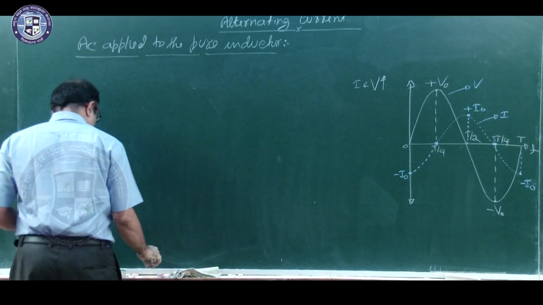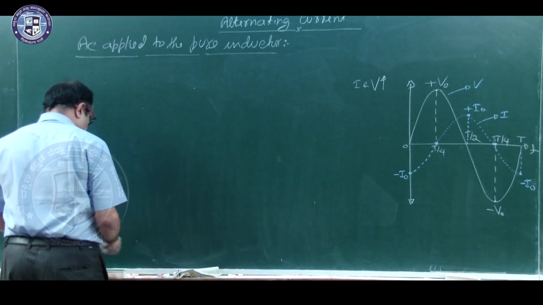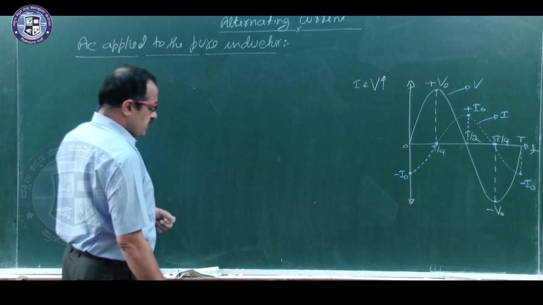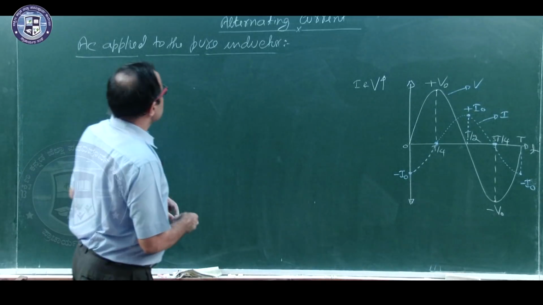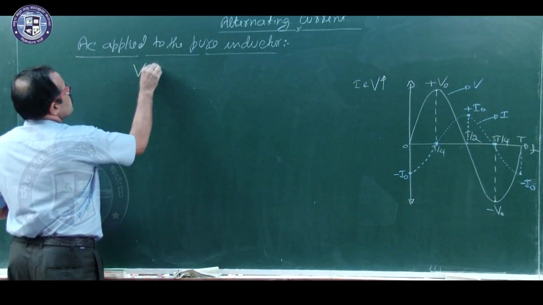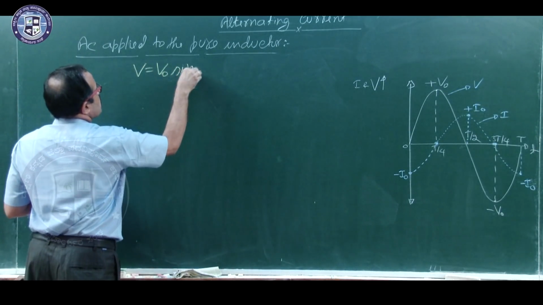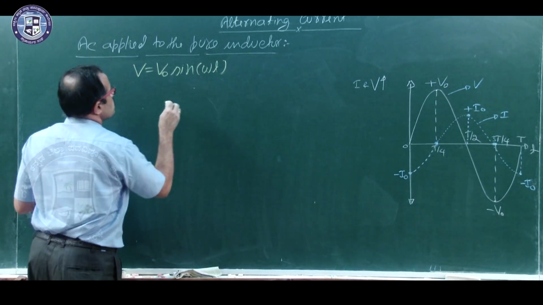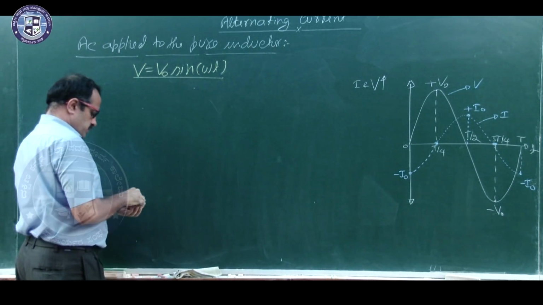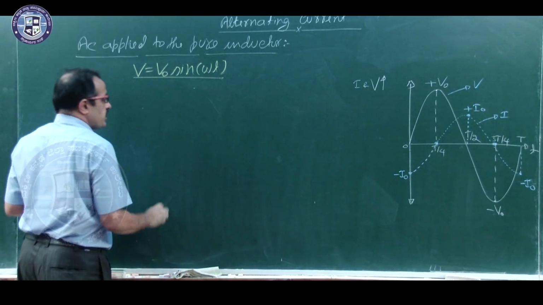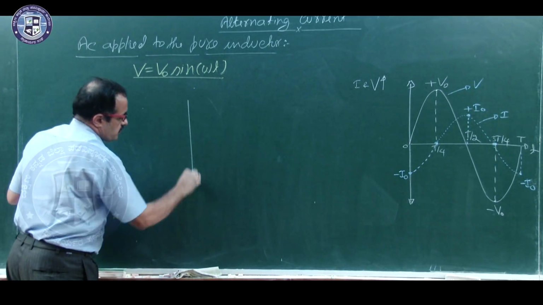Next step is to draw phasor diagram. How to draw the phasor diagram for voltage and current? V is equal to V naught sin omega t. It is voltage. So, we draw phasor diagram for voltage.